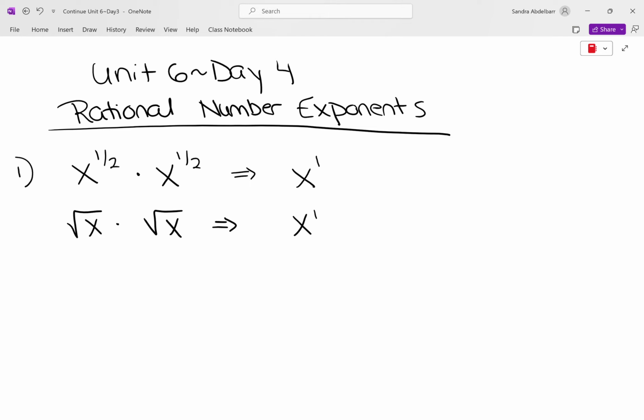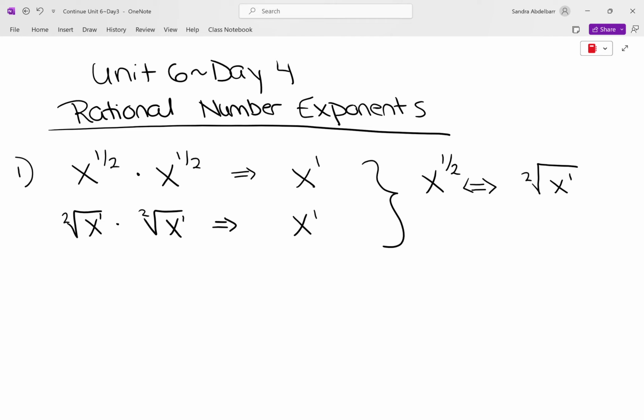This tells us that exponential and radicals are very similar, and they're actually interchangeable. What does that mean? Well, do we agree this has an index of 2 and this has an exponent of 1? And this has an index of 2 and this has an exponent of 1? So this tells me that x to the half is equivalent to the square root of x to the first.